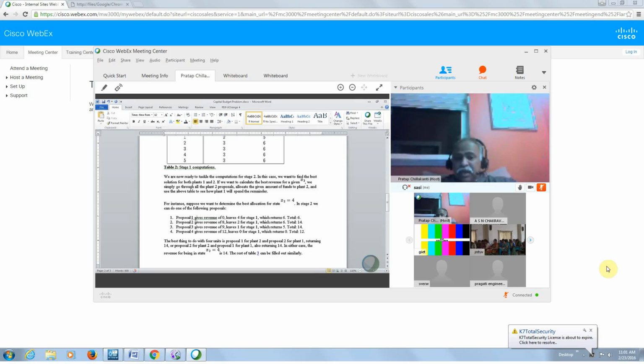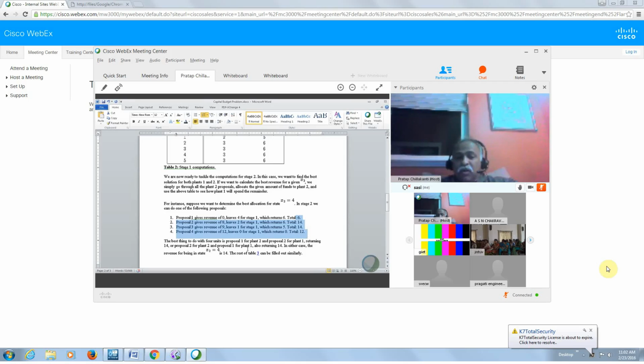So once you do that, you do the permutations and combinations, right? Simple arithmetic or permutations and combinations that we learned. If I give 1 million to plant 1, then I'm left with 4 million for plant 2. If I give 2 million to plant 1, then I'm left with 3 million for plant 2. And these are the revenues. So you add them up like that.